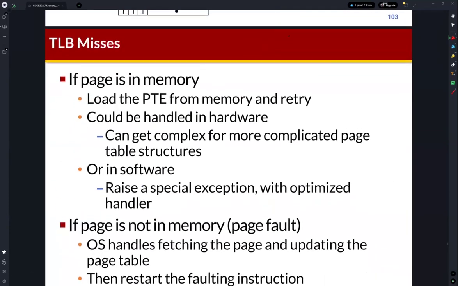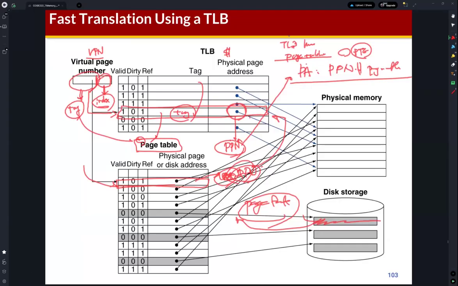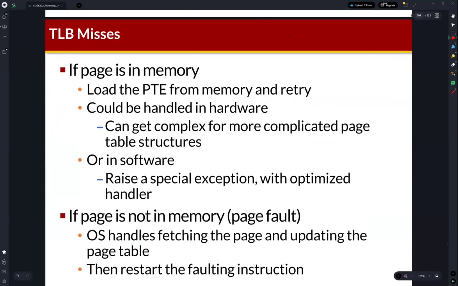So you need to understand how the TLB is used. I explained that the TLB is the cache for the page table. You can access the TLB using the VPN, the virtual page number, and then we can get the page table entry. I also explained the TLB misses.